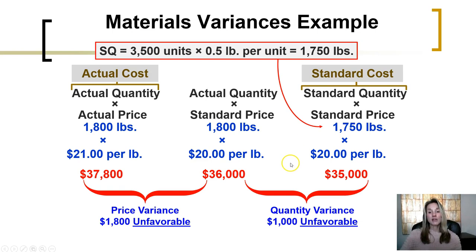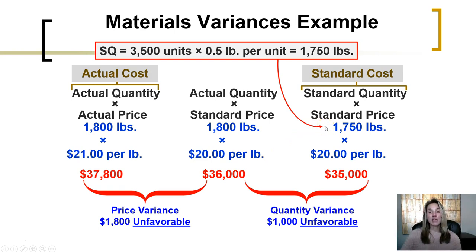Now over here we can look at our quantity variance. $36,000 based on our flexible budget, and our static budget was $35,000, a $1,000 variance. That is also unfavorable because the flexible budget says we should have used 1,800 pounds at $20 per pound.